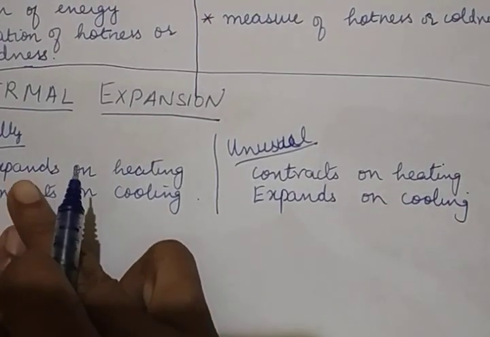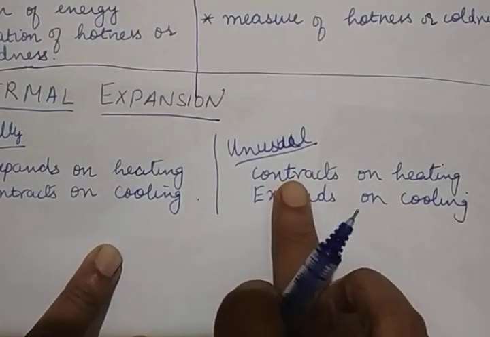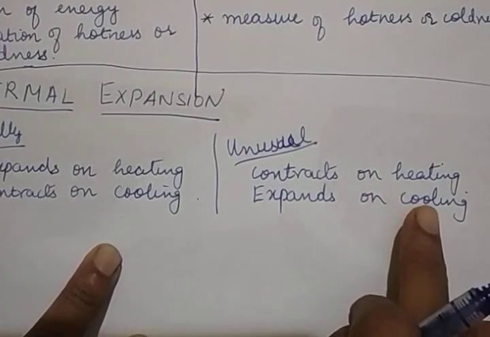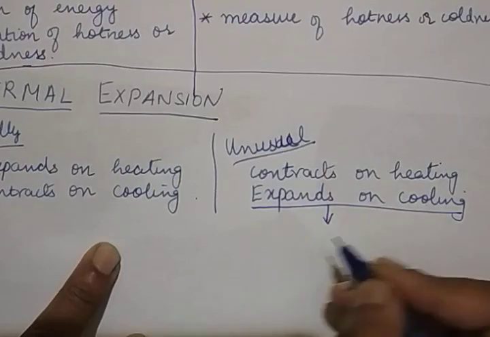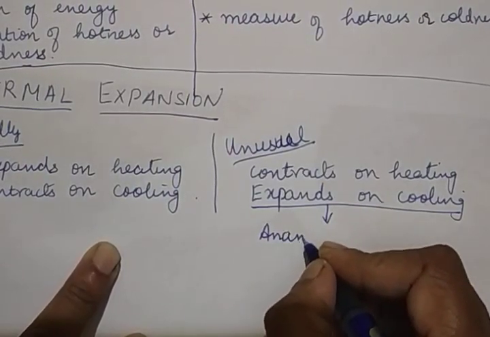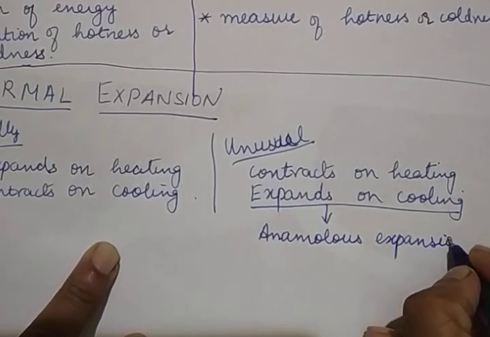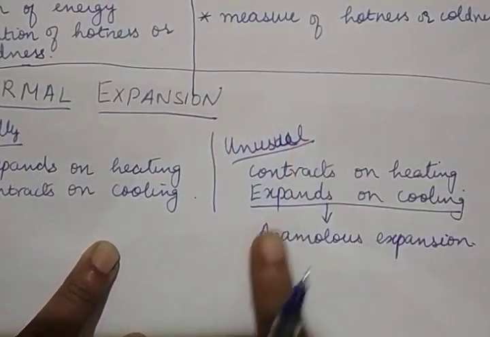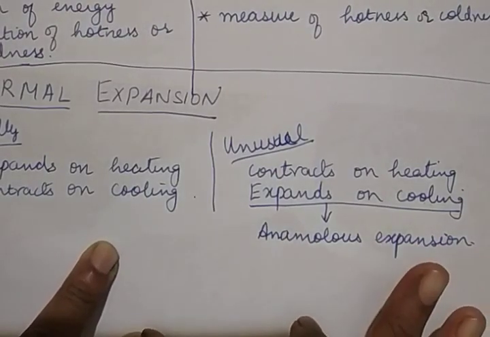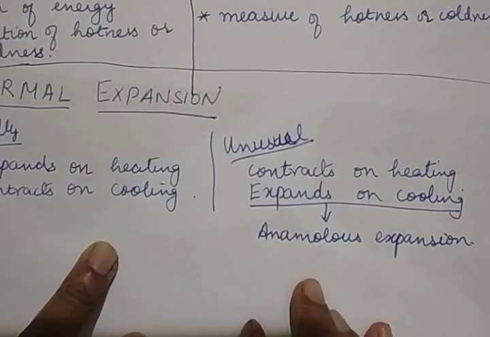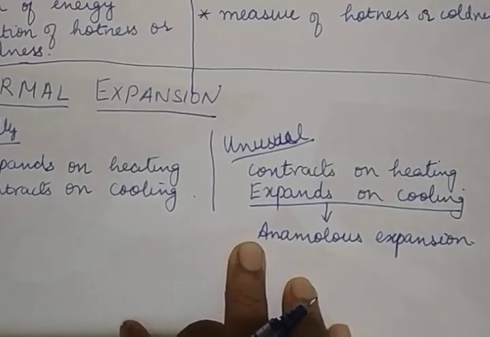Generally, matter expands on heating and contracts on cooling, but some substances show an unusual behavior: they contract on heating and expand on cooling. This is given a name called anomalous expansion. Anomalous expansion of water. Anomalous means basically unusual. This is an unusual behavior of water, a behavior of a substance shown in some special conditions. We are going to study anomalous expansion in detail. Now, look at the book.